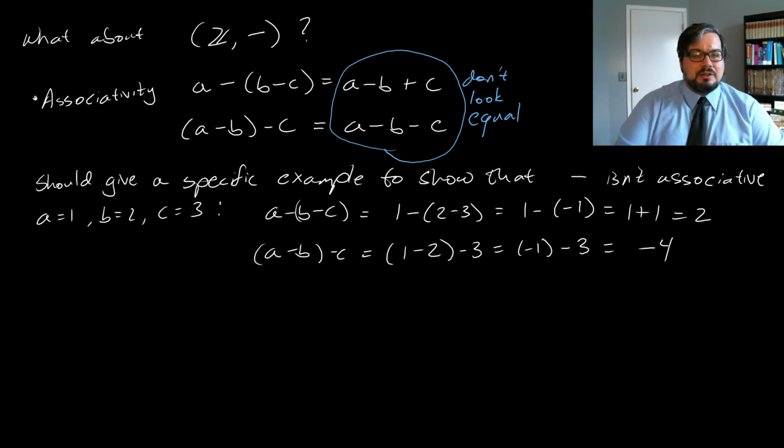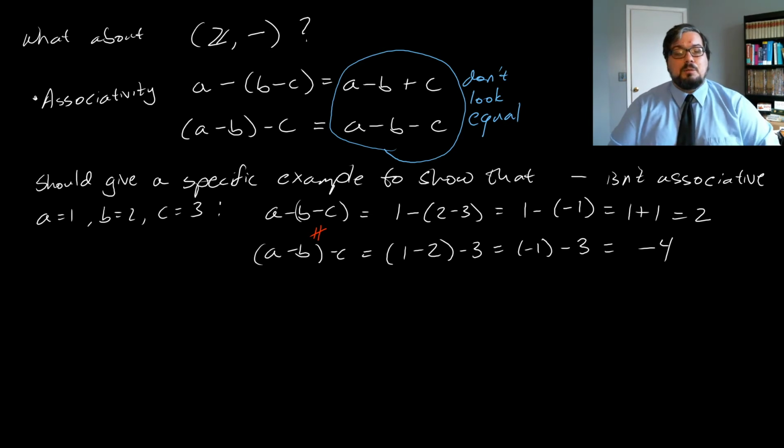So in particular, these two expressions are not equal when a equals 1, b equals 2, c equals 3, and all you need is a single example where the associativity formula fails to show that the operation subtraction is not associative, and therefore this set and operation pair is not a group.